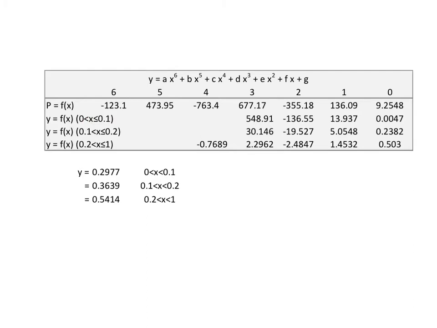After selecting a polynomial trend line for the graph, the data is presented in this form, that whatever's on the y-axis is equal to a constant times the quantity on the x-axis to the 6th power, and then on down to g, which is just a constant. And so I've written those here for the pressure as a function of the liquid phase composition. That's from the PXY diagram.